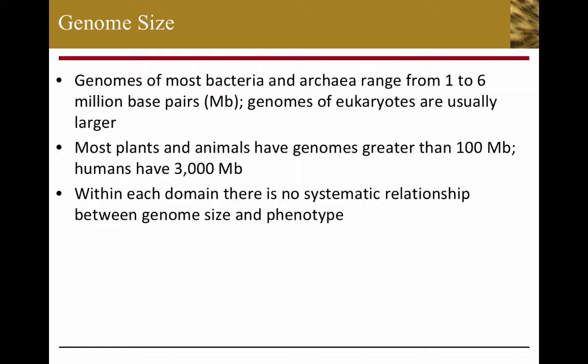Most plant and animal genomes are greater than 100 million base pairs. Humans have 3,000 of these million base pairs, so you can see why it took so long to sequence our genome.